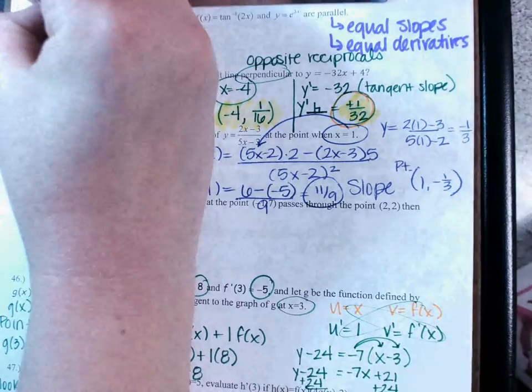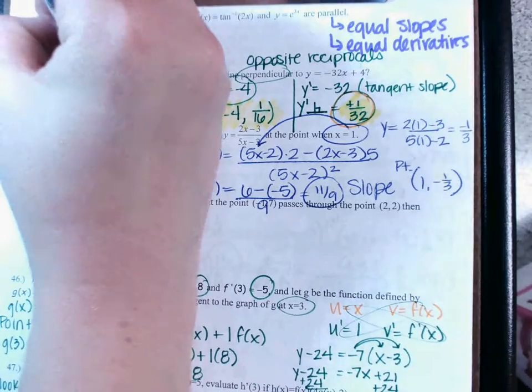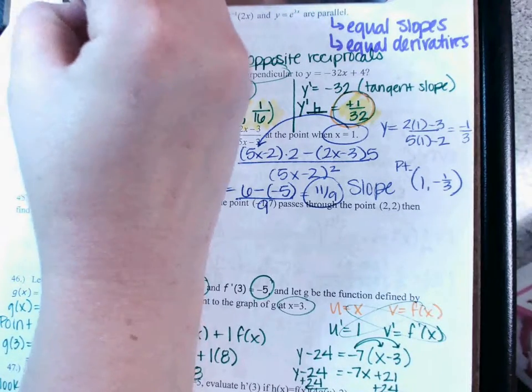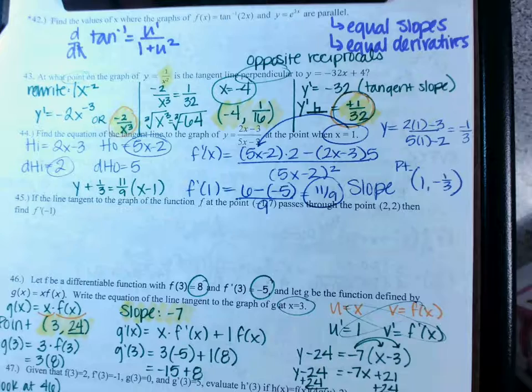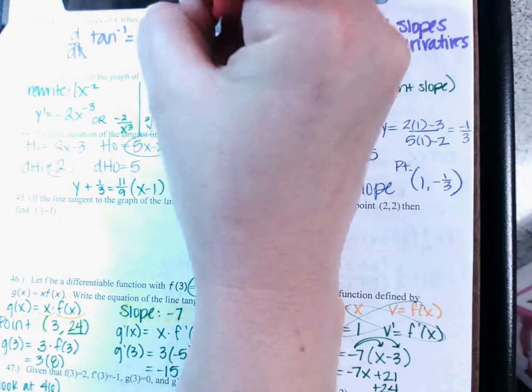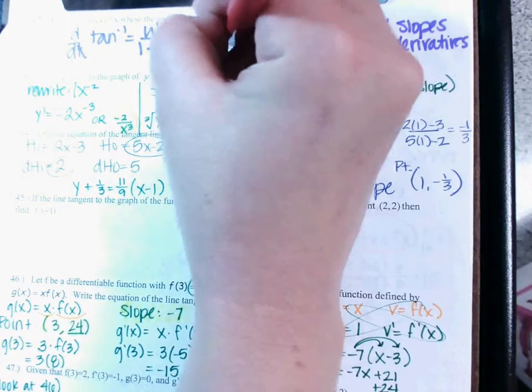So, d dx of inverse tan u is u prime over 1 plus u squared. So, what is the derivative then of inverse tan 2x? It would be what? It'd be 2 over 1 plus 2x squared.